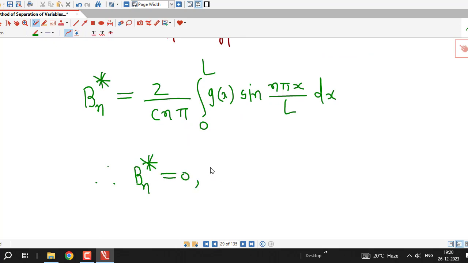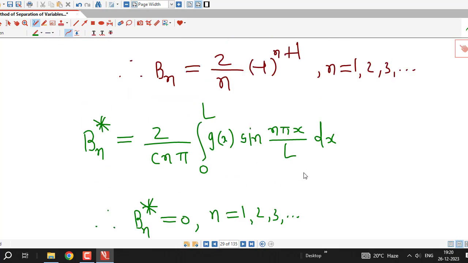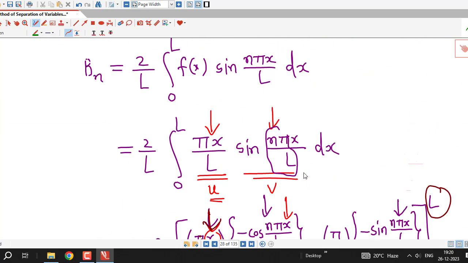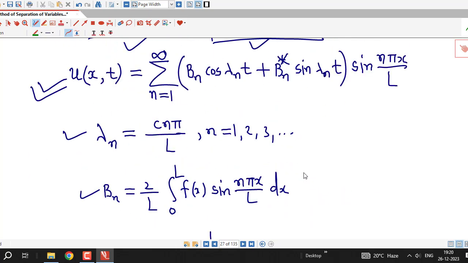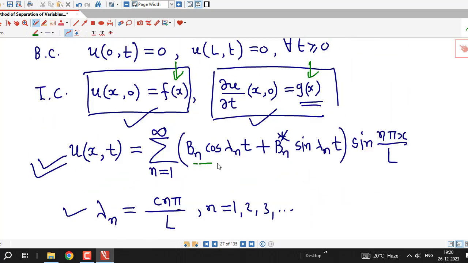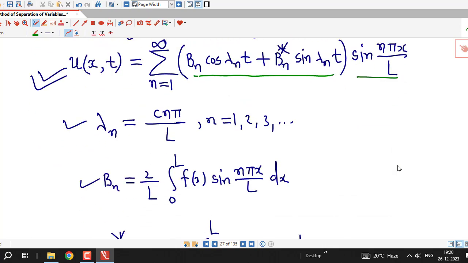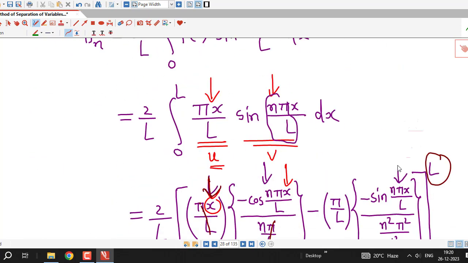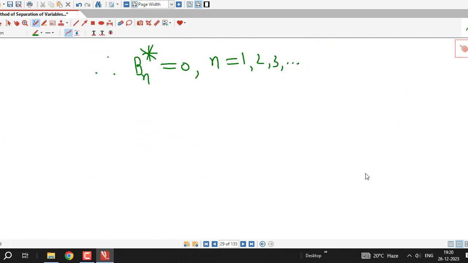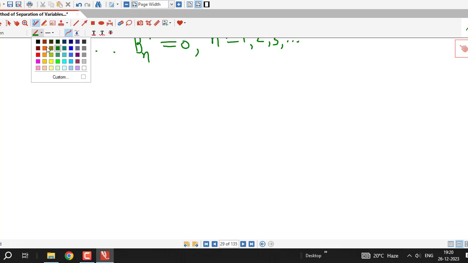Bn star equal to 0 for every natural number n. Now once we obtain Bn and Bn star, we can put their values in the formula of the solution of the wave equation, and we have our solution satisfying the given conditions. So in the next step we write down that formula of the wave equation.